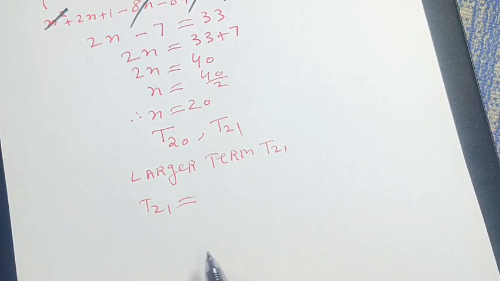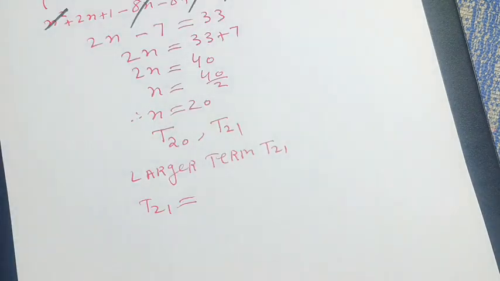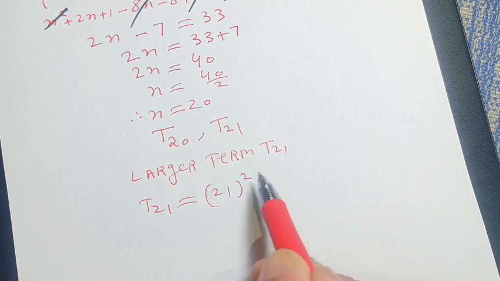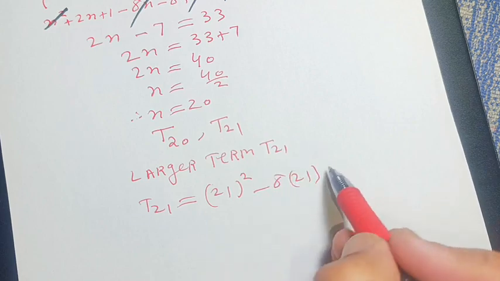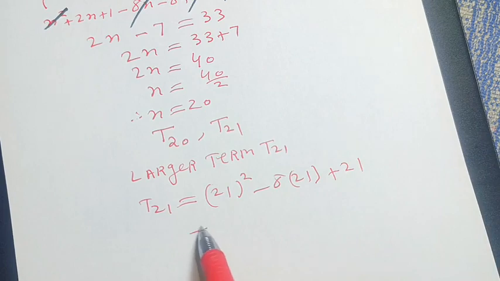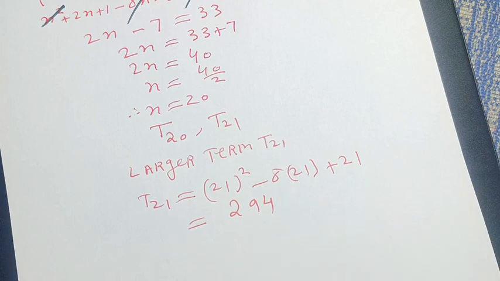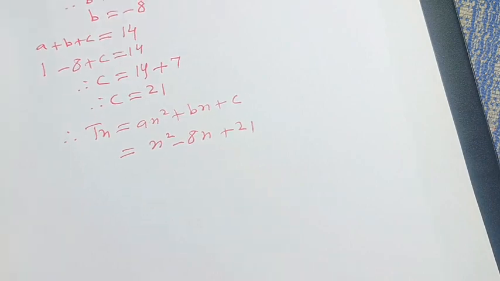So I'm going to substitute the largest term into this formula: 21 squared minus 8 multiplied by 21 plus 21. Solve. The answer is 294. Must remember, I substitute T21 here.